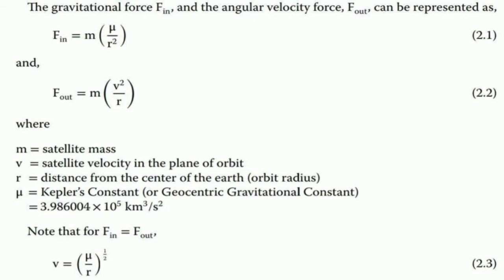Here we note that for F in is equal to F out. So from equating equation 1 and equation 2 we get velocity is equal to mu by r to the power half, that is satellite velocity in the plane of orbit.